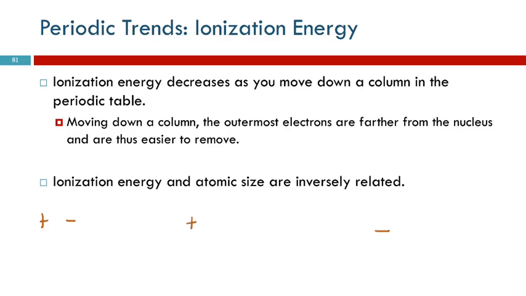Why doesn't it work anymore when you get 5, 6, 7 pieces of paper? Because the paper is causing the magnet to be farther from the metal door of the refrigerator. As the distance increases, the force of attraction decreases. So as we go down a column, the outermost electrons are farther away, they're easier to pick off.